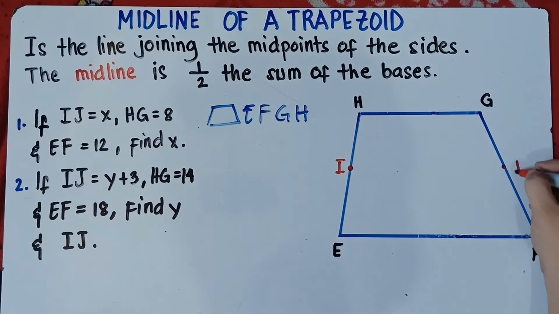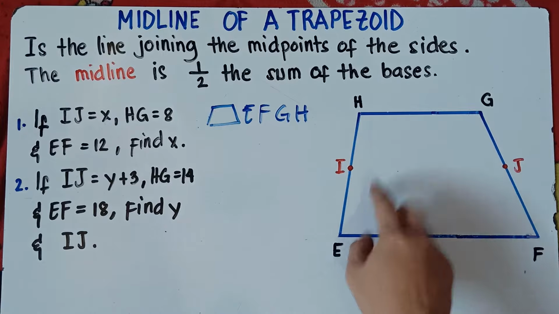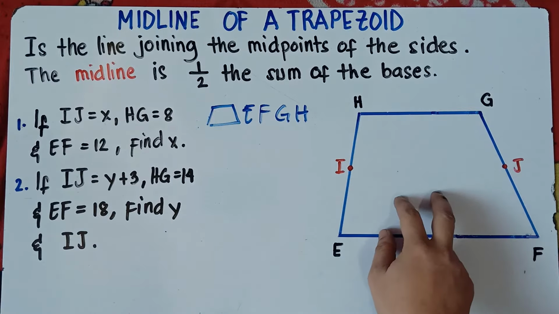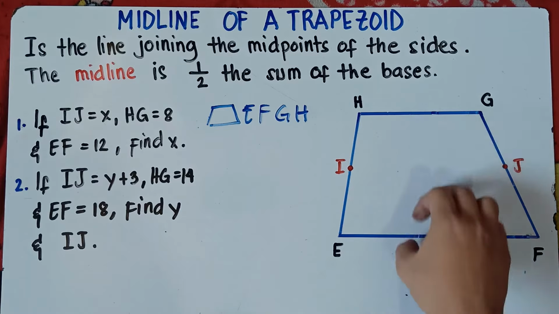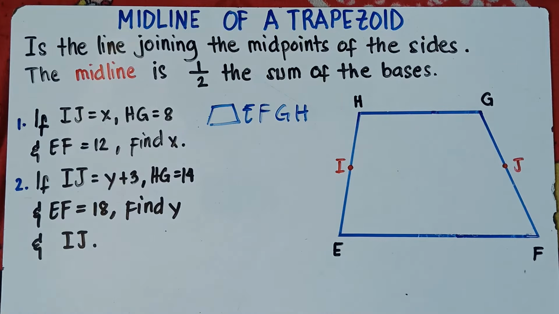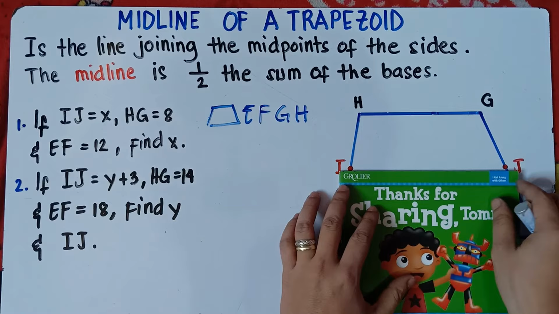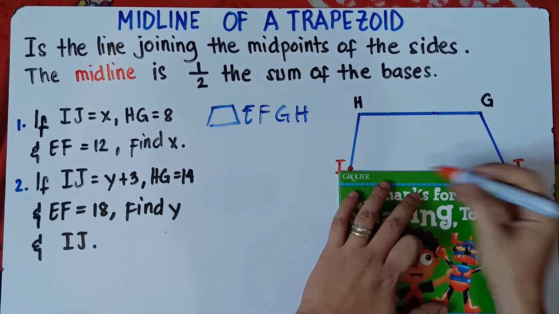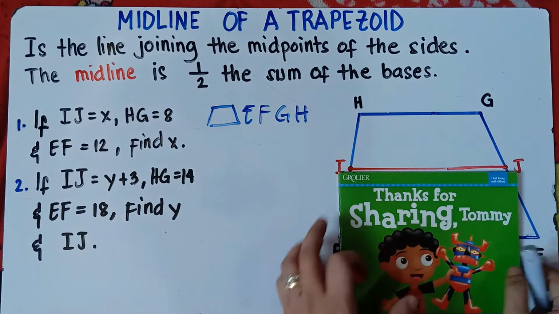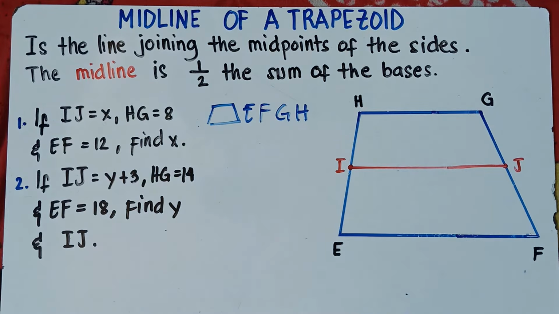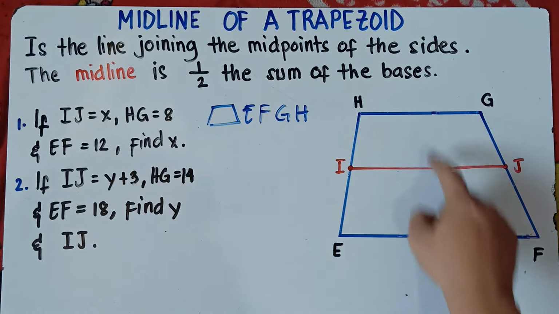Alright, and then if we connect these midpoints, this is what we call the midline. If we connect these points I and J, this is the midline of the trapezoid. Of course, this midline is parallel to the bases.